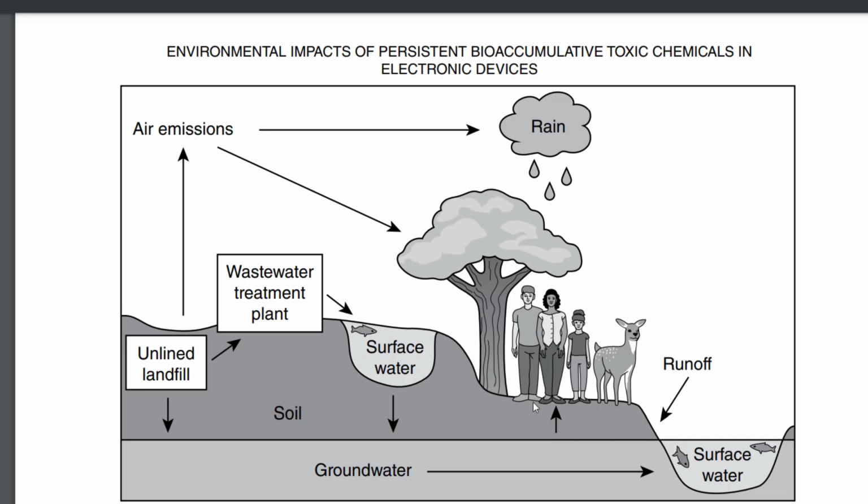It goes into the groundwater underneath. It gets into the surface water. It runs off back into the surface water. There are arrows everywhere, which indicates these bioaccumulative toxins that you can never get rid of, these forever chemicals, are getting everywhere. It's not just one place.